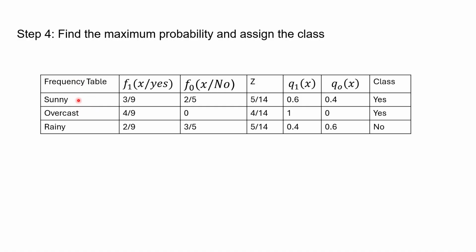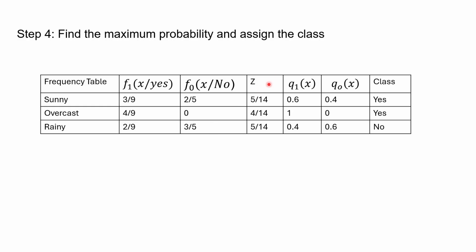As per the frequency table, there are three input attributes: sunny, overcast and rainy. F1 of x given yes is 3 by 9 for the sunny class. For overcast it is 4 by 9 and for the rainy class it is 2 by 9. Similarly, F0 of x given no for the sunny class is 2 by 5, overcast is 0 and rainy is 3 by 5.